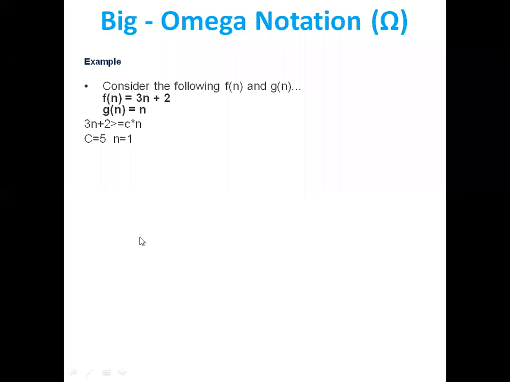If we put c equal to 5, any positive constant, and n equal to 1, then this satisfies the equation. Five is greater than or equal to 5.